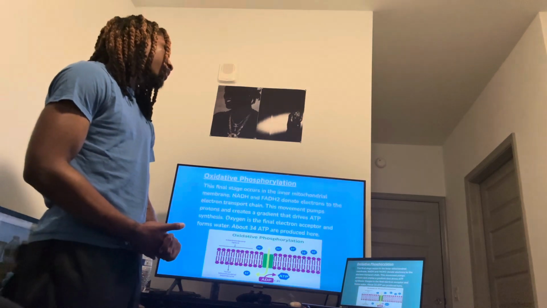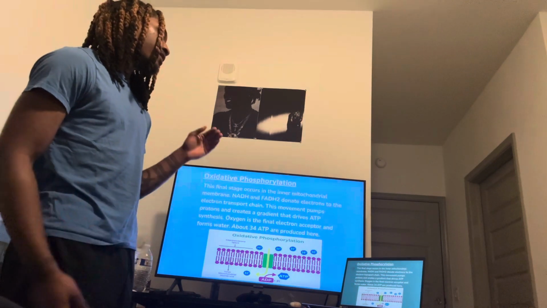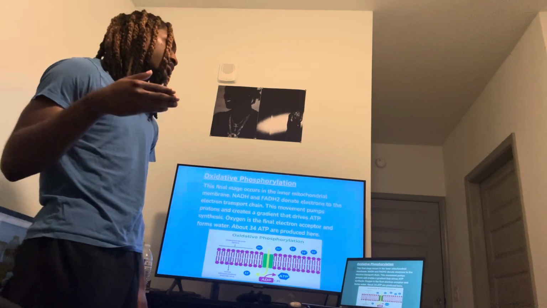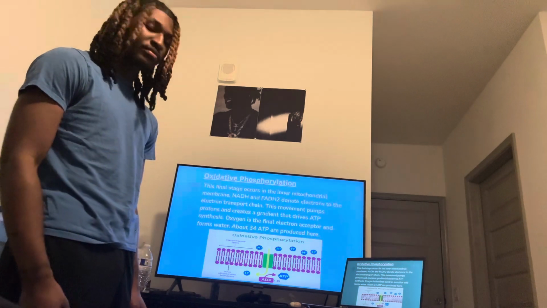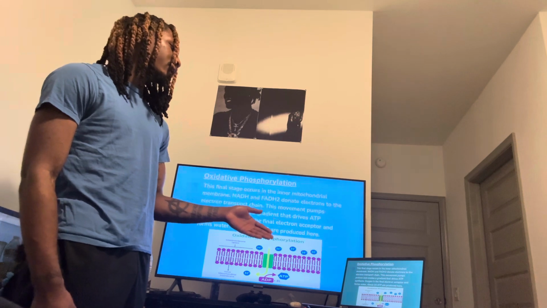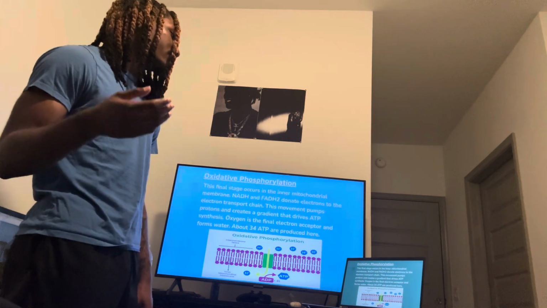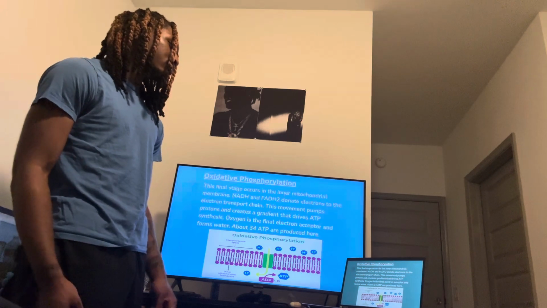The next and final stage is the oxidative phosphorylation, and this occurs in the inner mitochondrial membrane. NADH and FADH2 donate electrons to the electron transport chain.